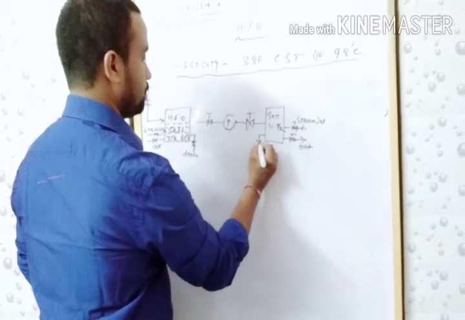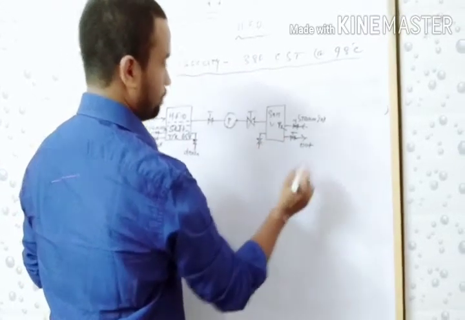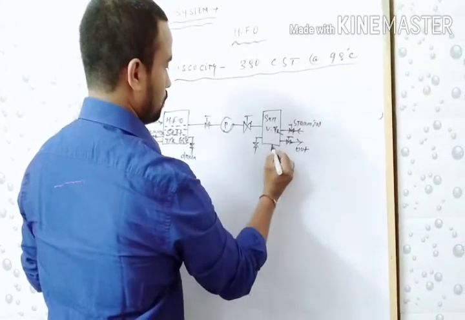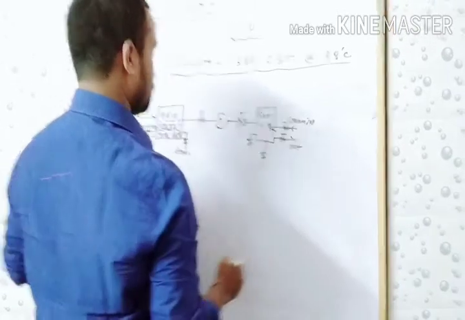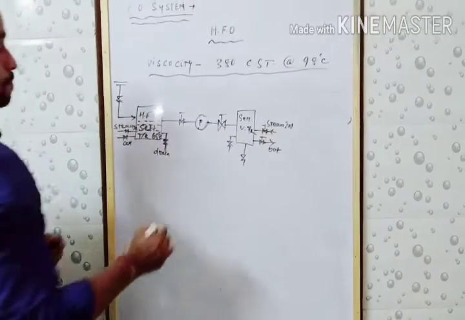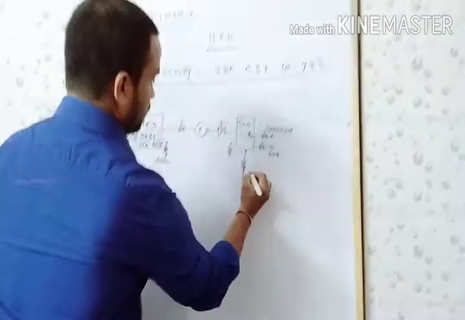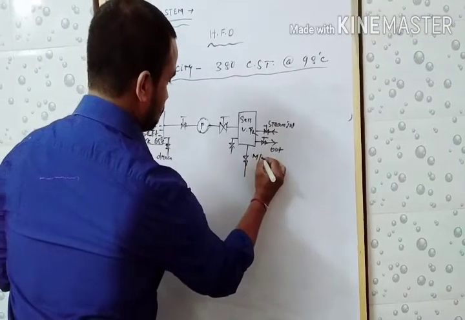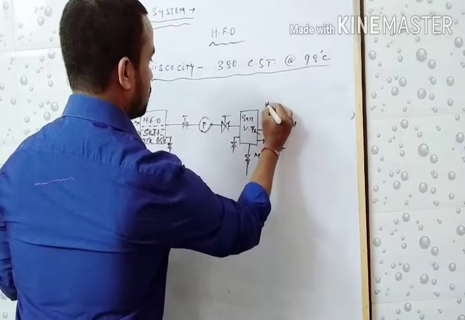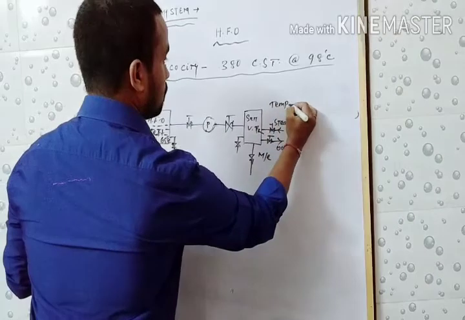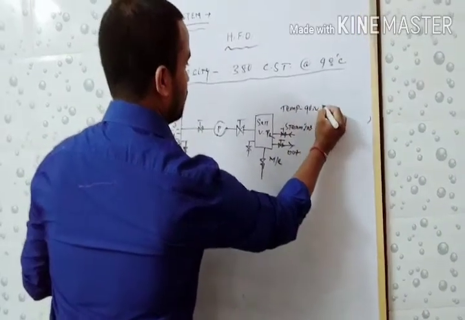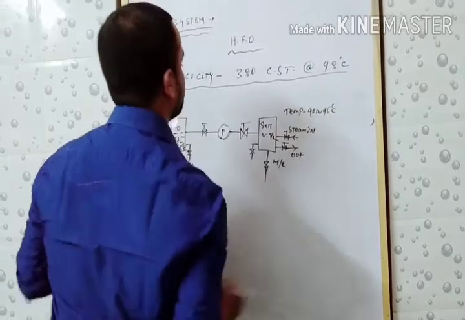A drain line is given. Okay. Now from here, it goes to the main engine system. Here the temperature is near about 90 to 95 degrees Celsius.